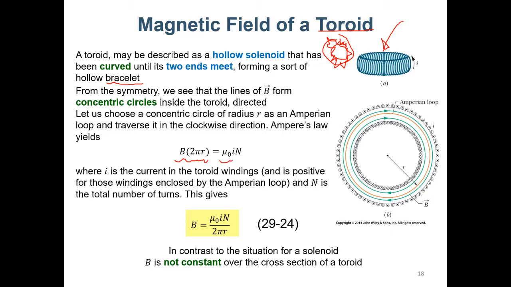And for the right side, μ0 times I enclosed. I enclosed is the I for the toroid times capital N, where N is the total number of turns. Because as you can see here, the current inside the loop is already pointing into the page.